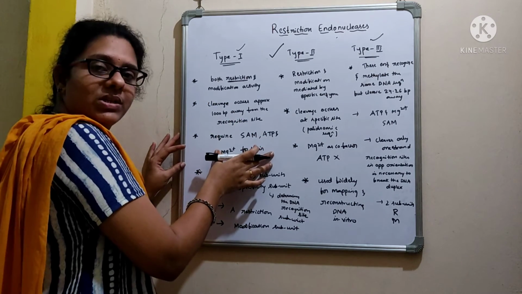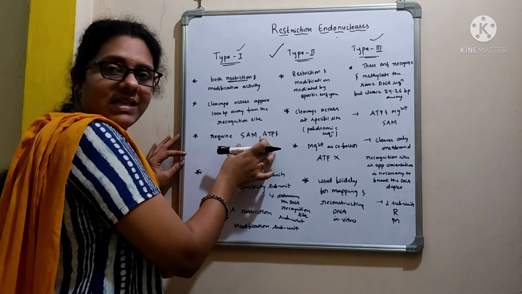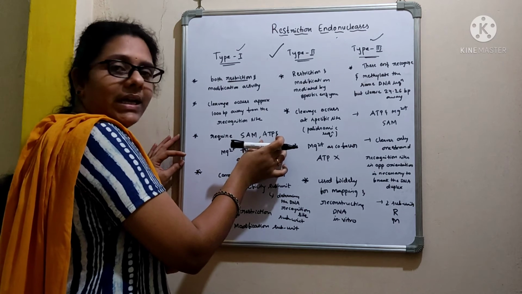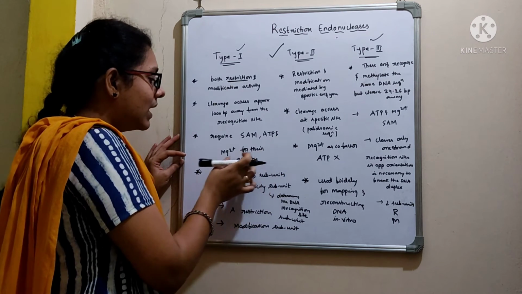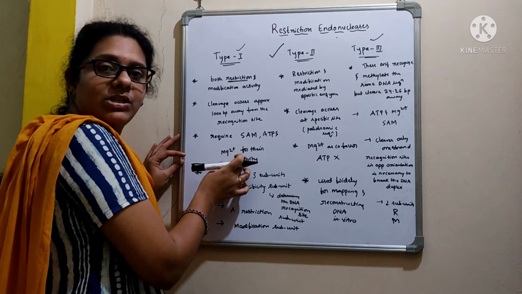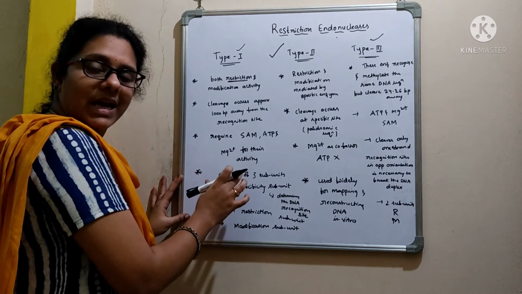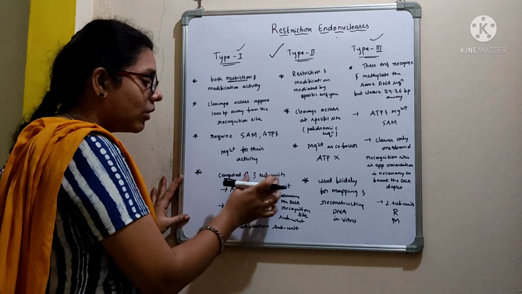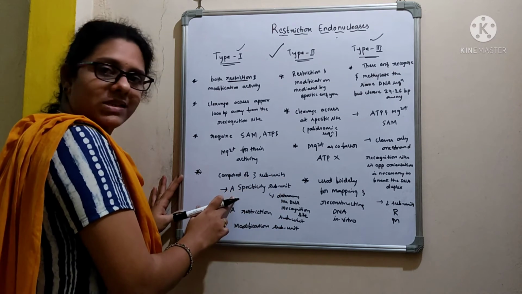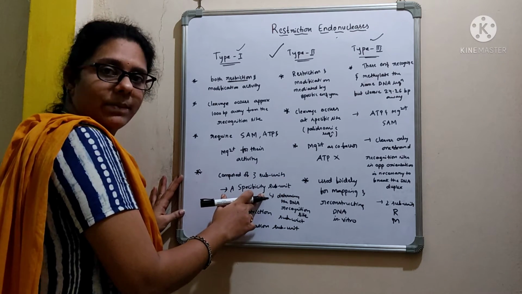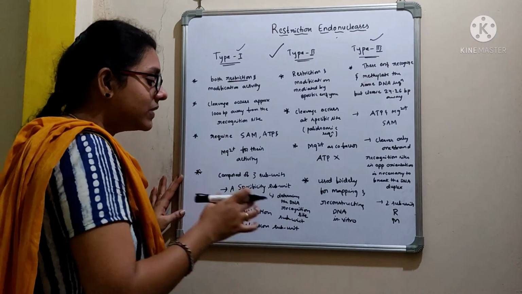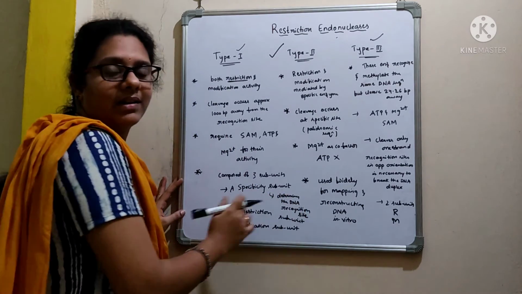Type 1 restriction enzymes require S-adenosyl methionine, ATP (adenosine triphosphate), and Mg2+ (magnesium ions) as cofactors for their activity. And type 1 enzymes are composed of 3 subunits. The first is the specificity subunit, which determines the DNA recognition site.